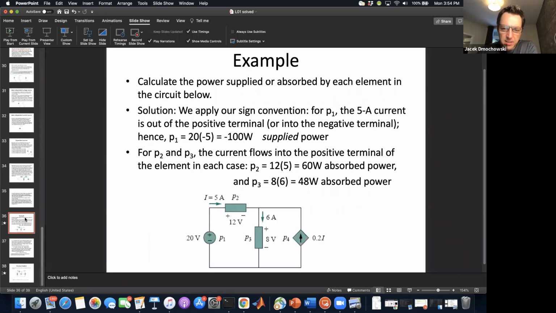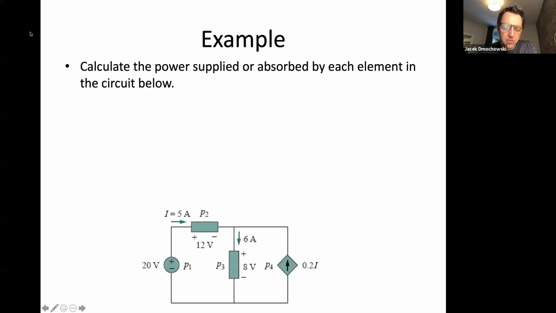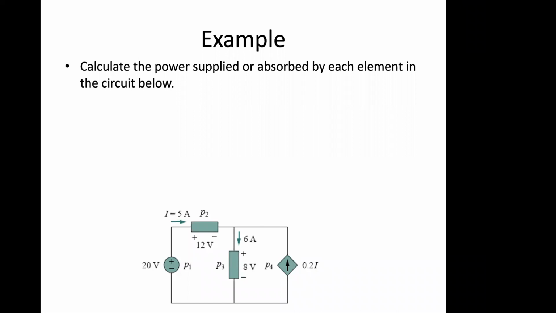Okay, last few slides before we adjourn for the day. We are asked to calculate the power supplied or absorbed by each element in the circuit below. So we have the following circuit, with all the voltages and currents indicated, right? For example, how much current is exiting this battery here? 5 amps.